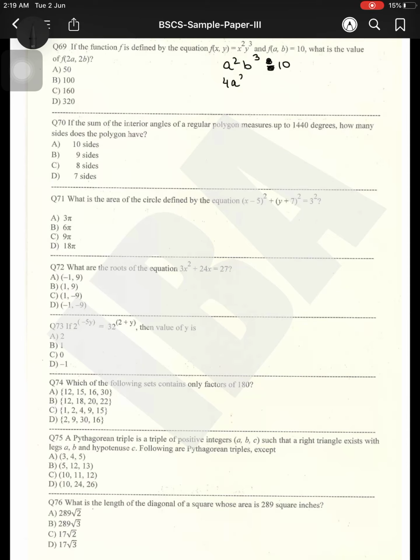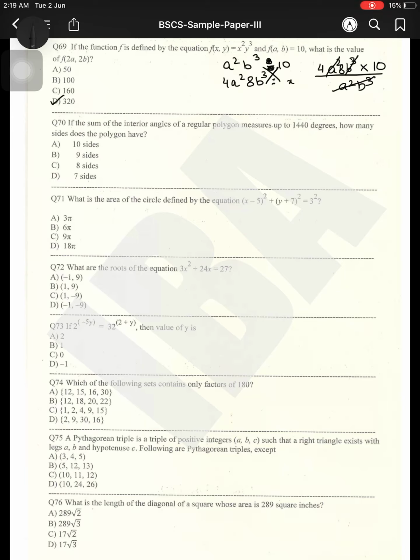So 4A square and 8B cube, this is x. By cross multiplication you should get 4A square B cube... 8B cube multiplied by 10 upon A square B cube. A square B cube gets cancelled out. 4 8s are 32, 32 multiplied by 10, 320, which is D.